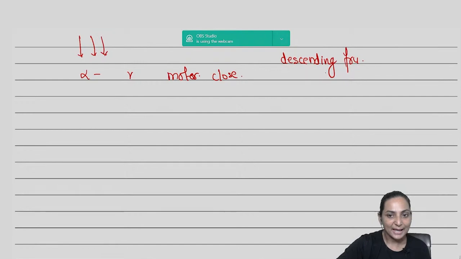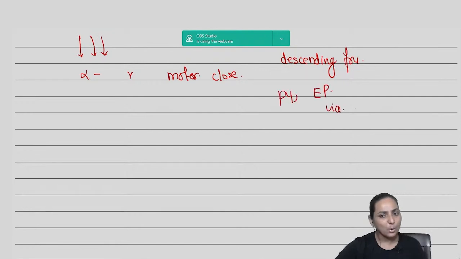Directly these tracts are going to end on the alpha or gamma motor neurons, or mainly via the interneurons, because when they end via the interneurons, there is a better precision, right?